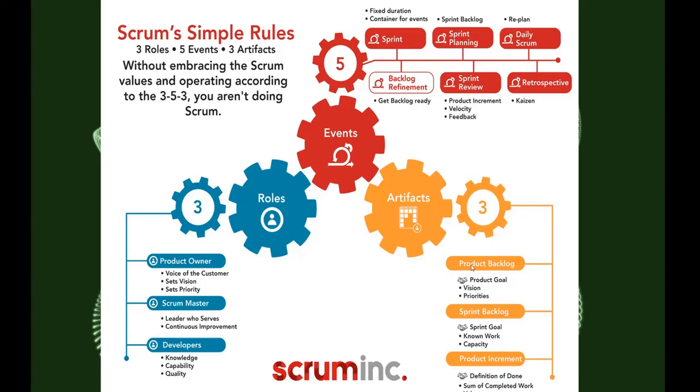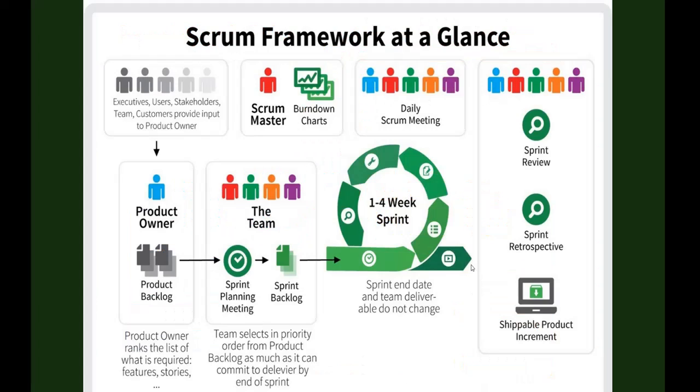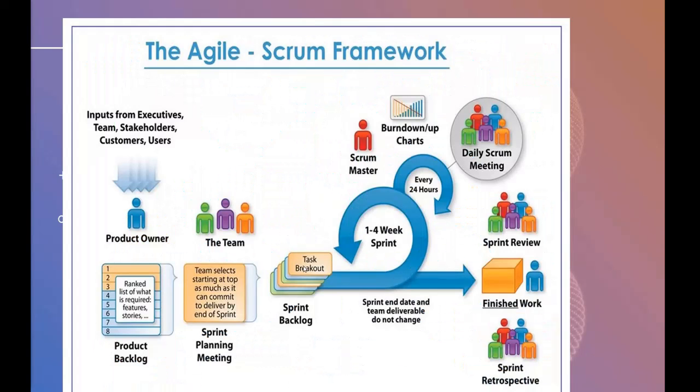So the product backlog, this one, comes from the product owner. Product owner means it can be executive, any team members, stakeholders, customers, users. They give the requirement, and the product owner puts the different kinds of requirements in a list.